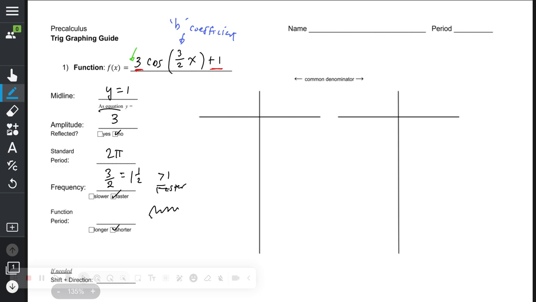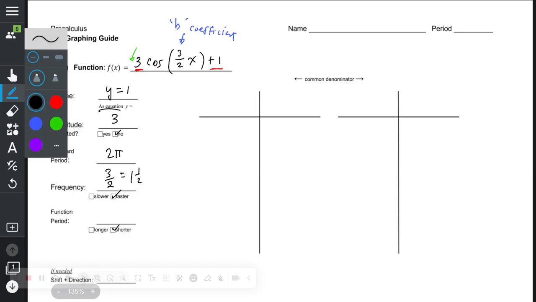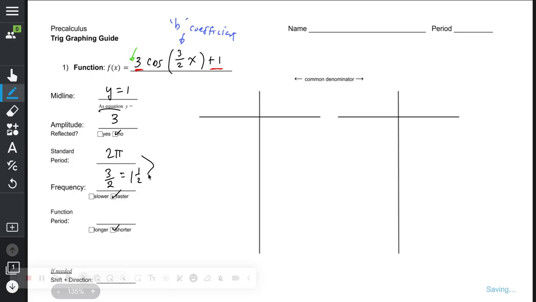Okay? The standard thing that you do to figure out the period of the function that you're graphing is you divide. This has what's called an inverse relationship with the period. The faster the frequency, the bigger this is, the smaller the period is. But divide: 2 pi, and I'm going to divide by 3 halves.